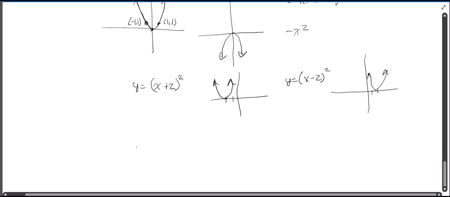A number outside the parentheses shifts it up or down, and the plus shifts it up. So this one would be shifted up by 3 and to the left by 1.